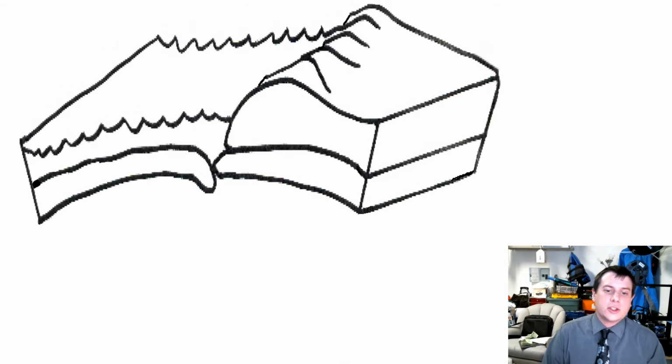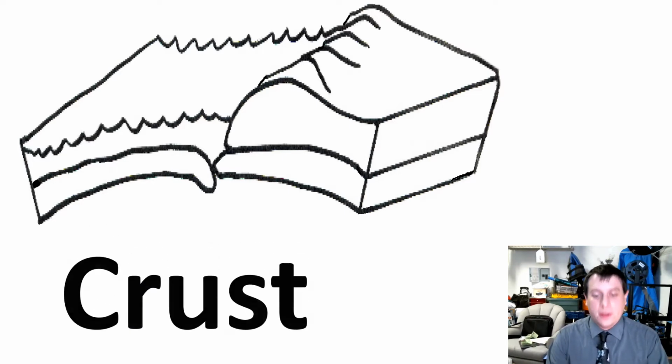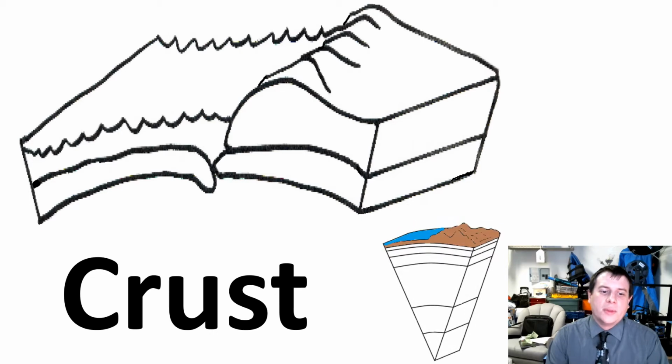All right, so the first layer we're going to start with, because we're going to be working from the outside in, is the outermost layer, which is the crust. The crust is the outermost layer of the Earth. As I said, it's the thinnest part.